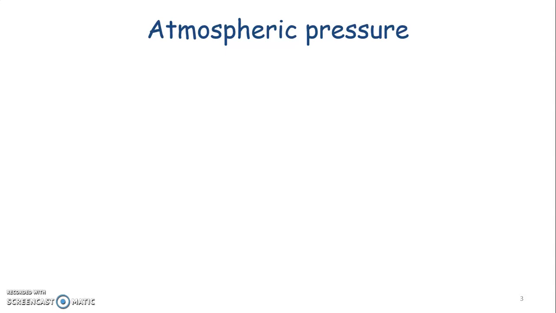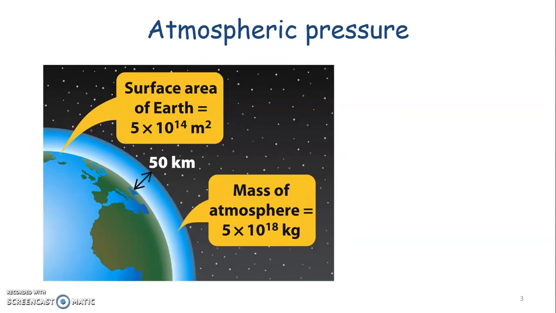Well, we live on the surface of a planet, as I said, and the atmosphere actually has a mass, right? So we've got about a 50-kilometer high column of atmosphere above us.